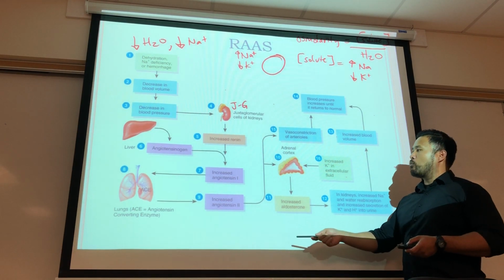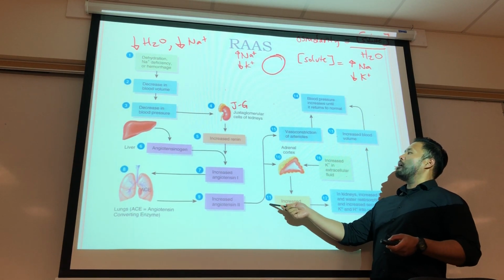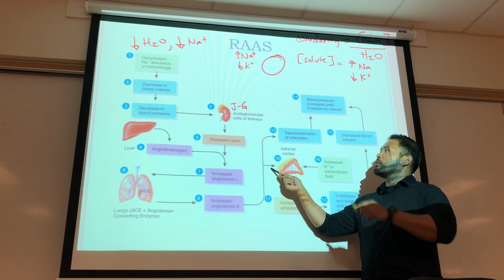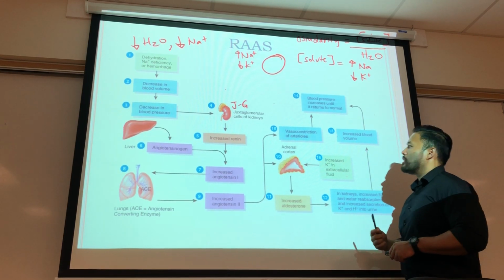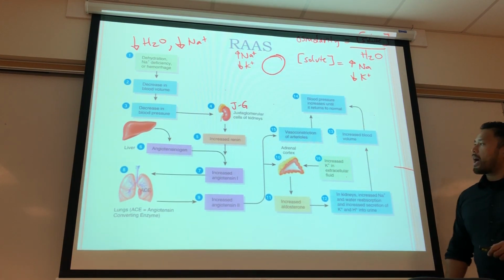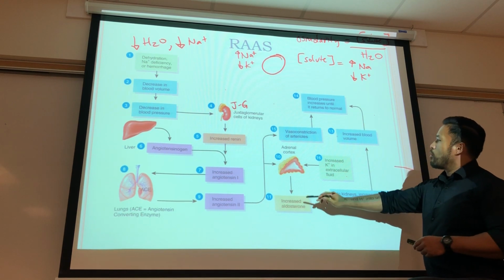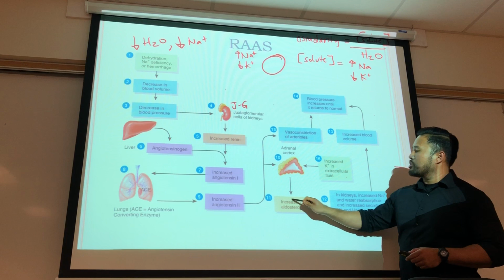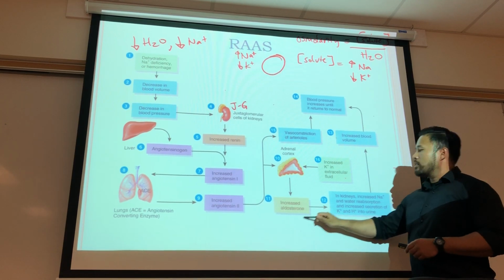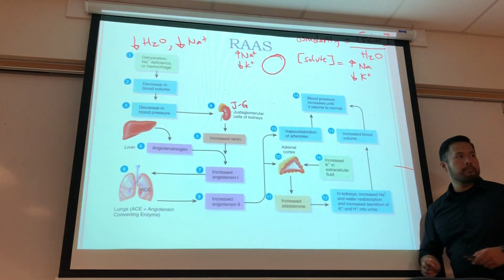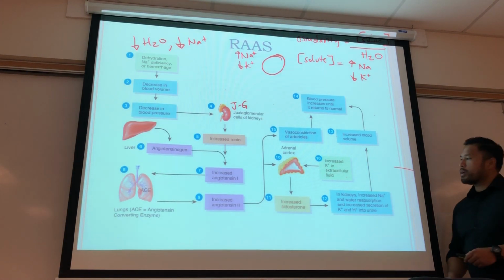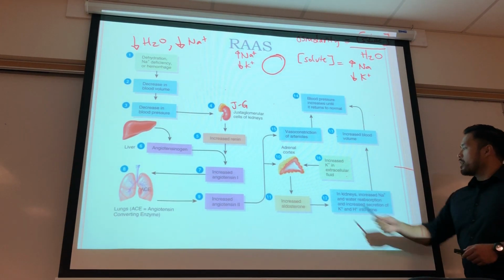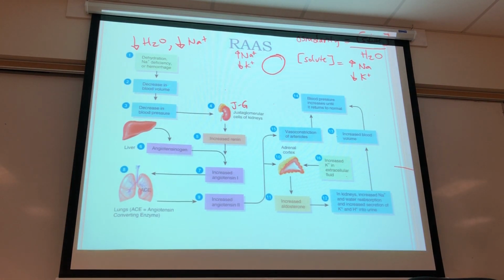Angiotensin 2 then makes its way all the way back to the adrenals, close to where we started in the kidneys. And once it makes its way into the adrenals, it will stimulate the production of the next hormone called aldosterone. So what does aldosterone do? It does the exact opposite of what we needed.